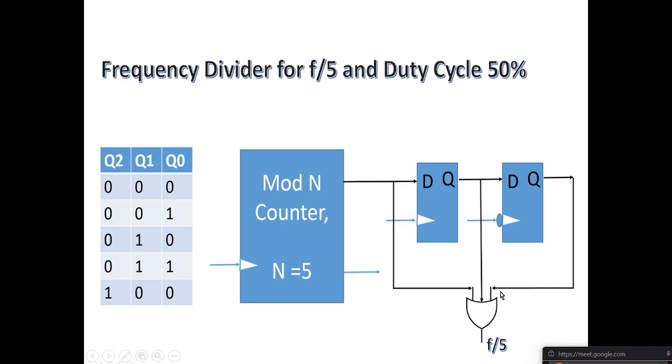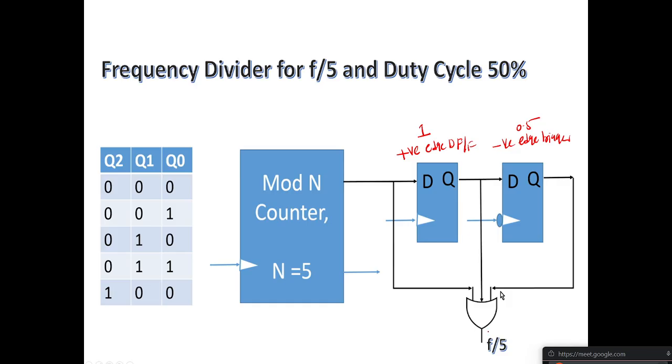So here, the positive edge trigger D flip flop alters the output frequency by one clock cycle, and the negative edge trigger alters the output frequency by 0.5 clock cycle.